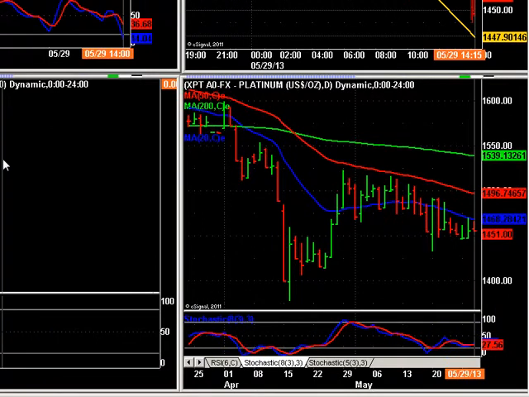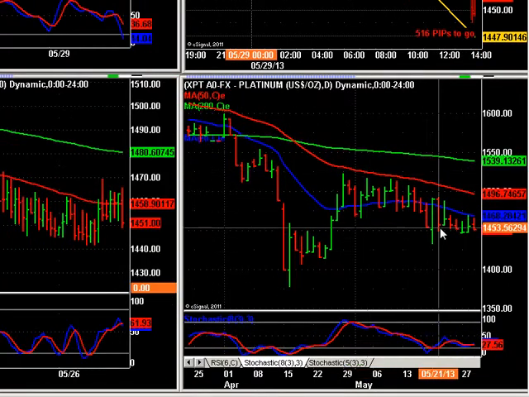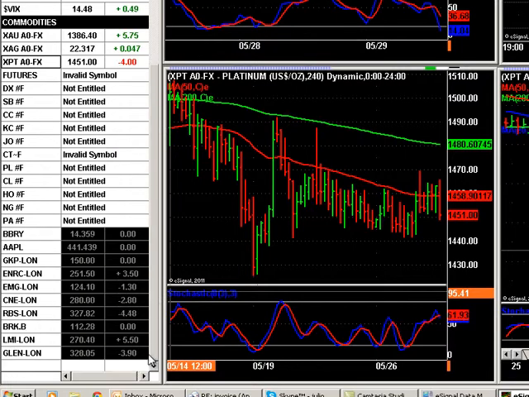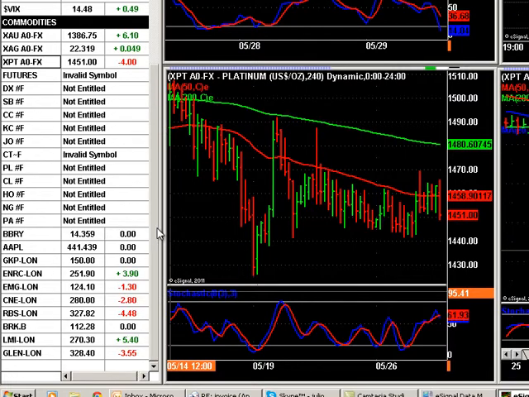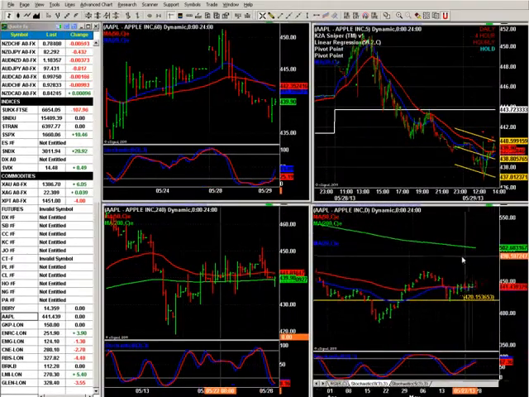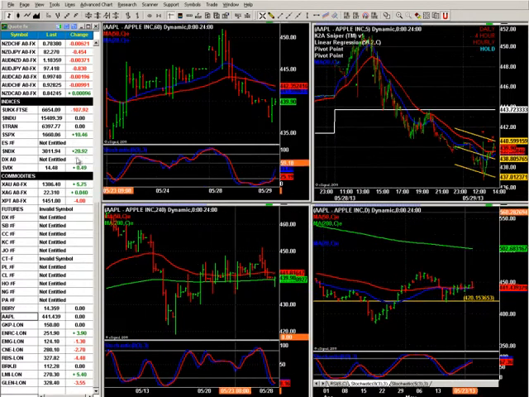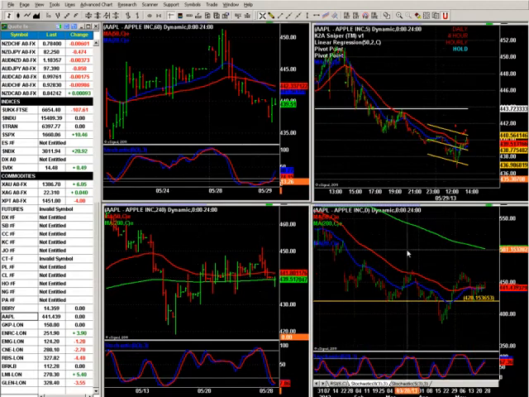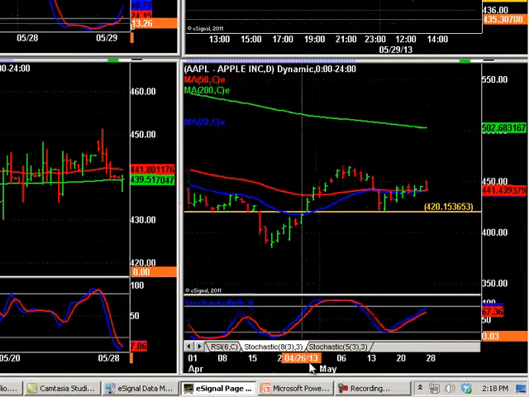And we got platinum here, just doing nothing. There it is. And now we've got some of the stock market. We've got, for instance, Apple, which is highly correlated with the Nasdaq, and it gave a beautiful inverse head and shoulders on the daily chart.